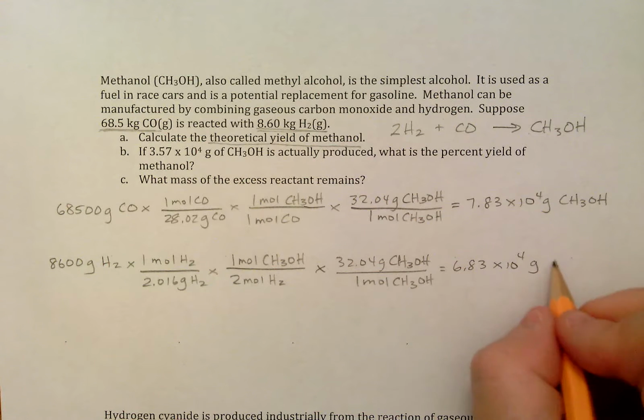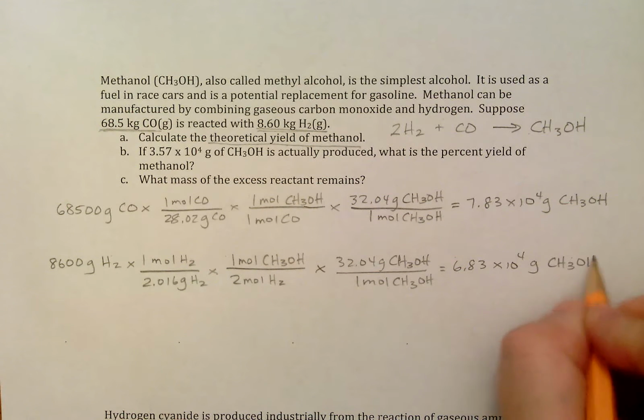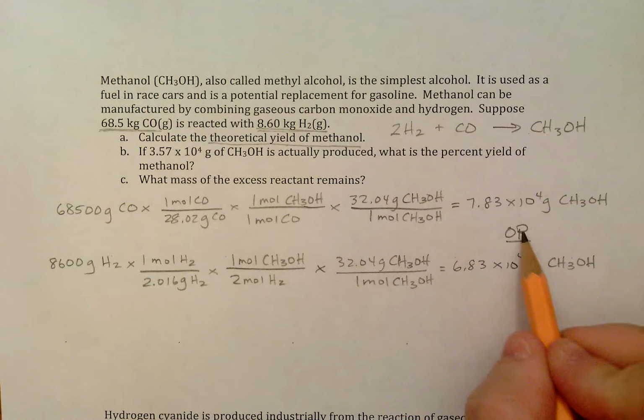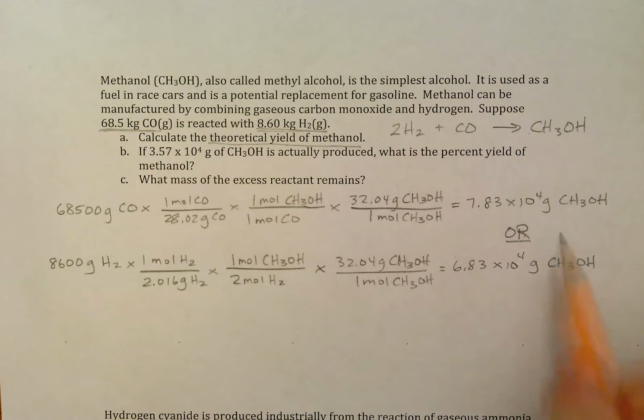Okay, so I have 2 answers. It's important to write an "or" here because we don't know which one's right, but it's important to remember that it can't be both. So we've got to pick one. We're obviously going to run out of hydrogen before we get to this whole 7.83 times 10 to the 4th grams.